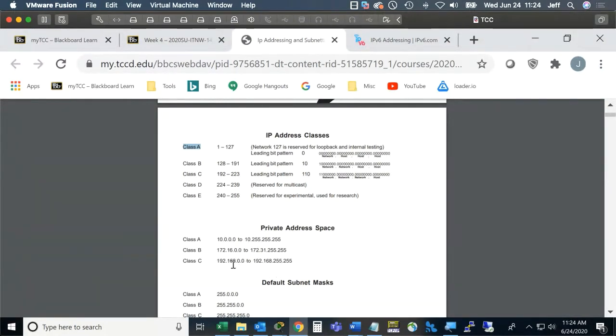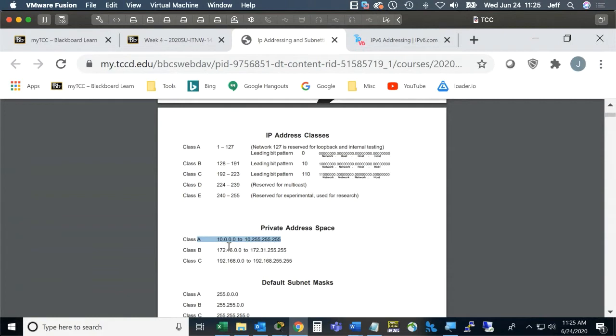So this has 256 networks with 256 computers available. This has 16 networks with 65,535 computers per network, and this one has 1 network with over 16 million computers on it.